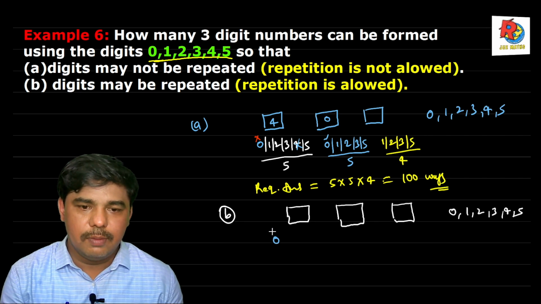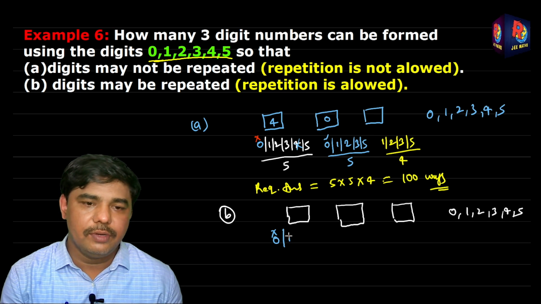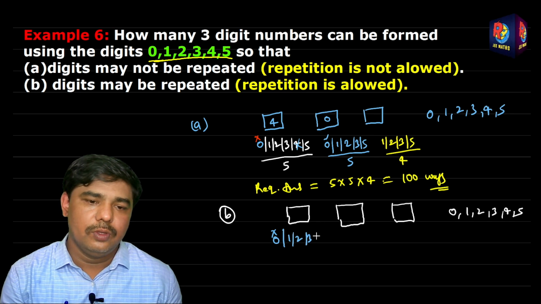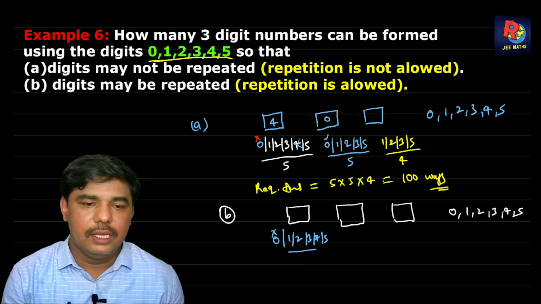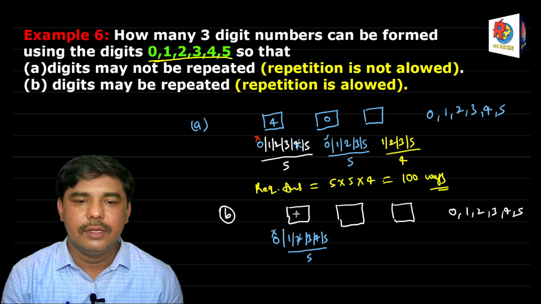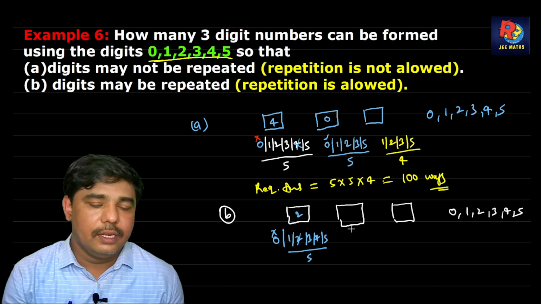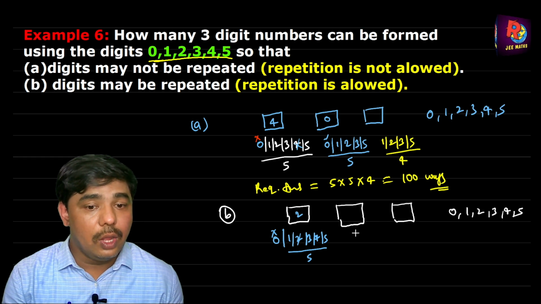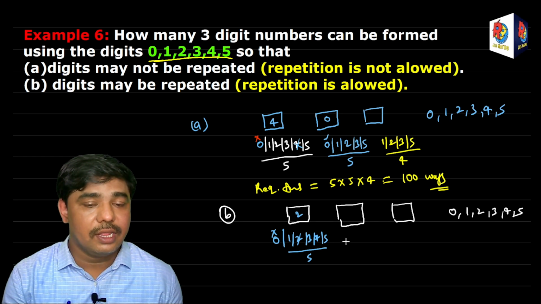So compulsorily you need to take 1, 2, 3, 4 or 5. So here there are 5 possibilities. I can take 2 here. Then here repetition is allowed. So how many choices are there here?